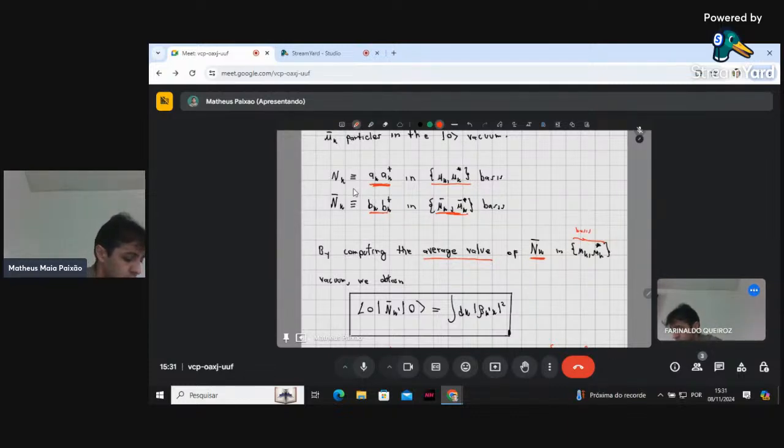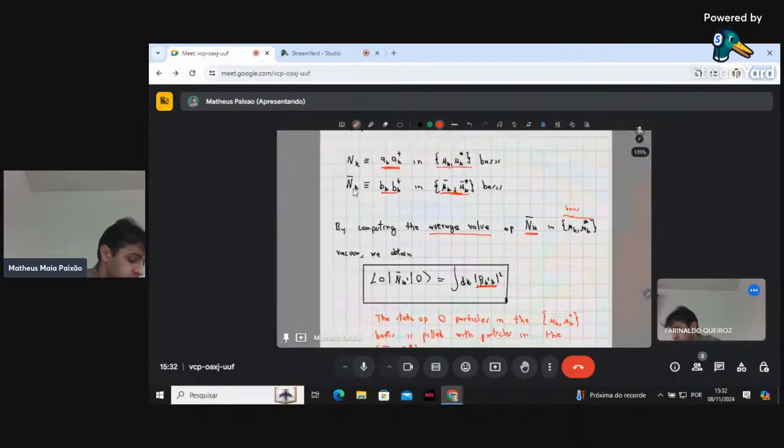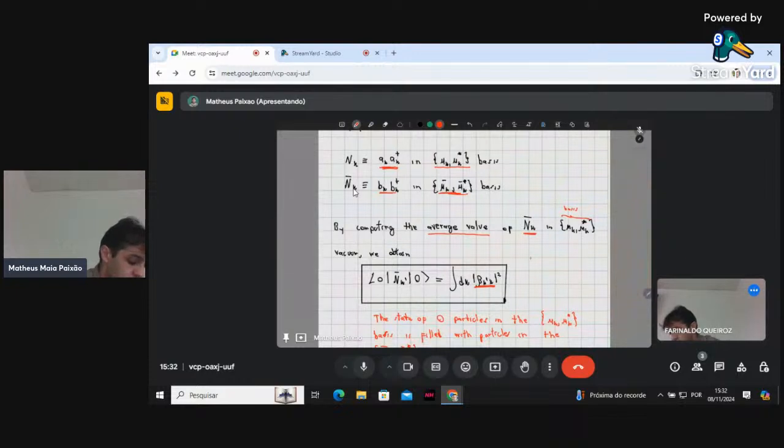basis. These expressions are not 0, but actually depend on the square modulus of beta. This means that the 0 vacuum, the vacuum of my original basis, does not return 0 particles in my U bar basis. Instead, it will return a different number.